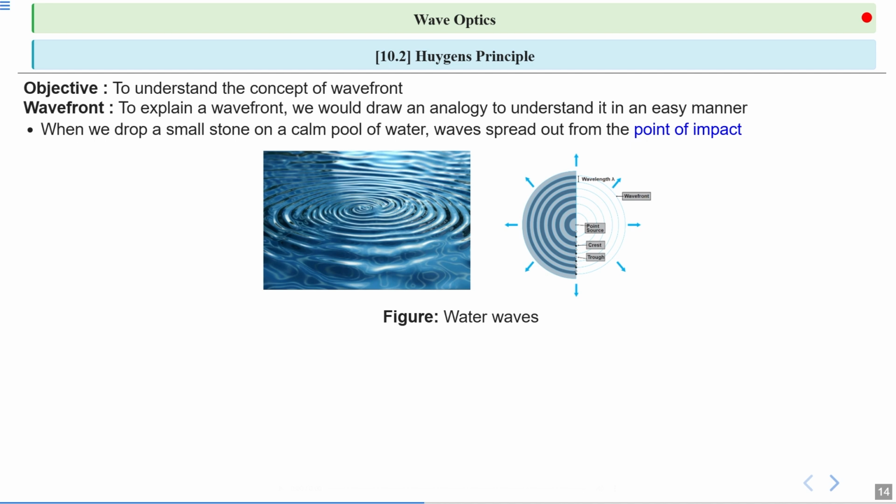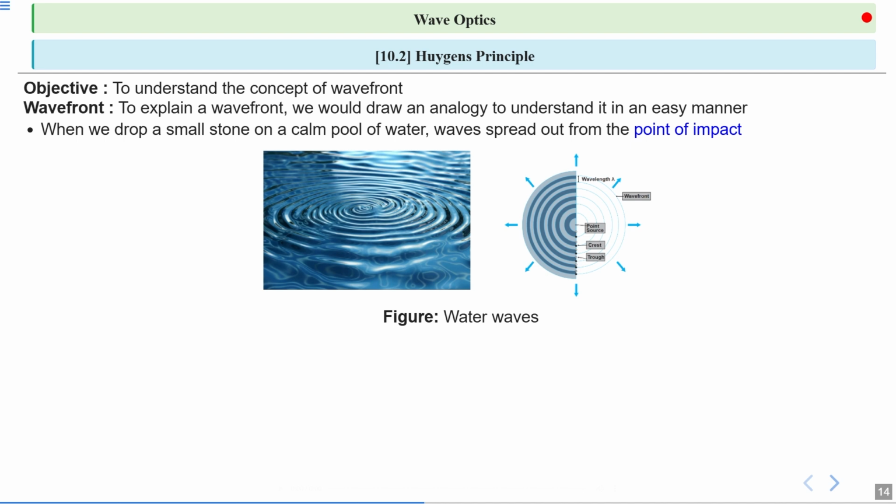Okay, so here is an image of water waves. On the left side it is shown as actual water waves, and on the right-hand side the labeling of water waves is shown. So what is wavelength? The distance between the crest and trough. What is crest? The elevated part of the wave.